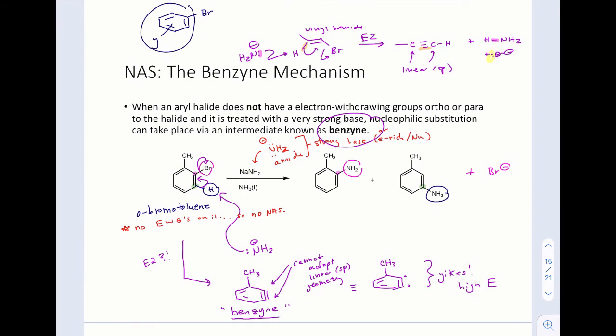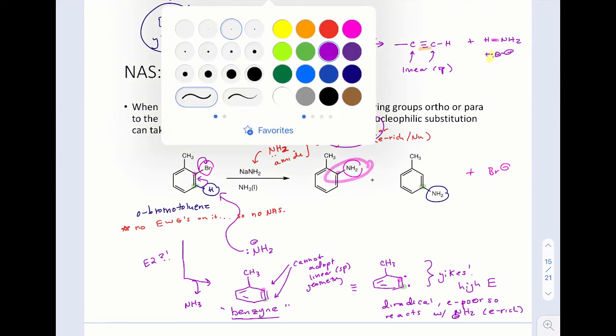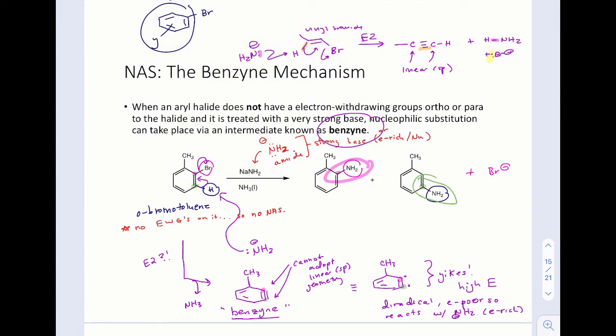So benzyne is high energy, and because it's best described as a diradical, it's also electron poor. It is going to react with the electron-rich species in solution, which is the amide. Both of these carbons are electron poor, and that is why amide reacts with both of them, making either this carbon-nitrogen bond or this carbon-nitrogen bond. We'll draw out both possibilities.